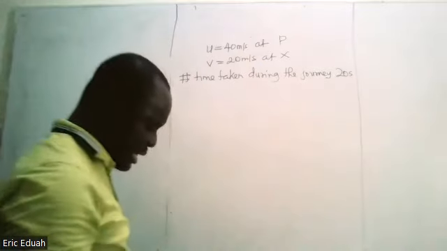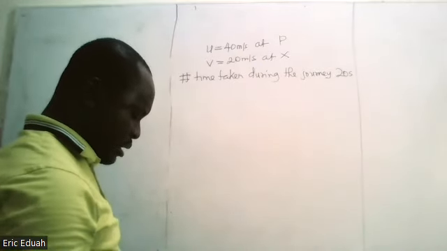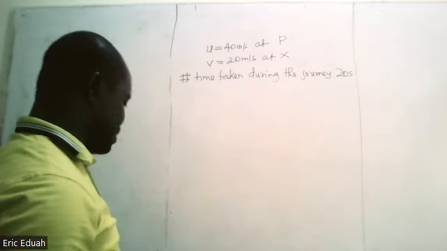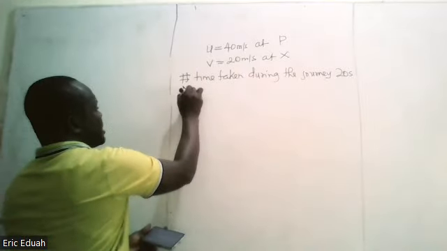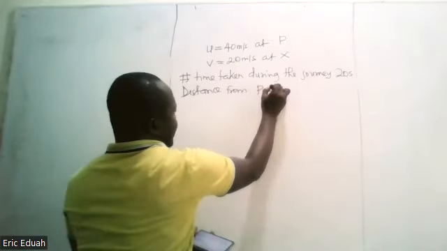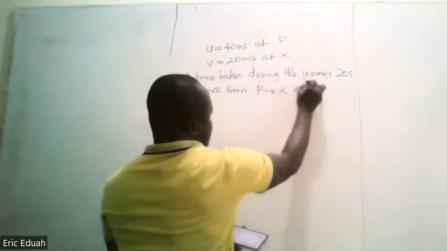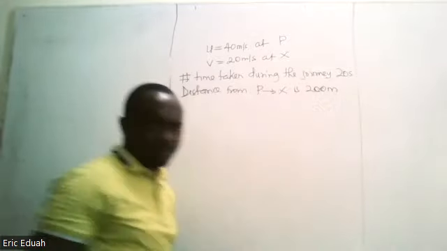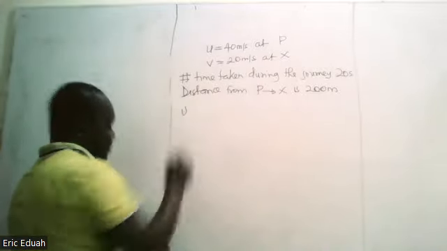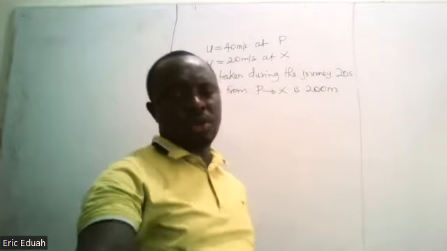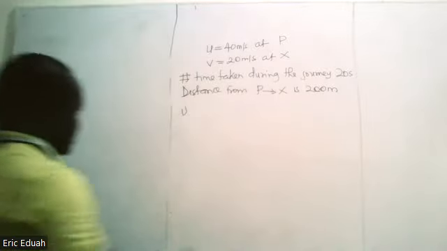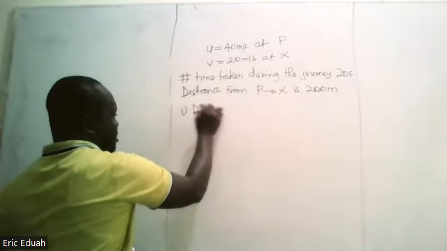And we are given the distance taken by the body from P to X. So the distance from P to X is 200 meters. We are to calculate the deceleration of the body. Okay, so let's look at what they mean by the deceleration of the body.